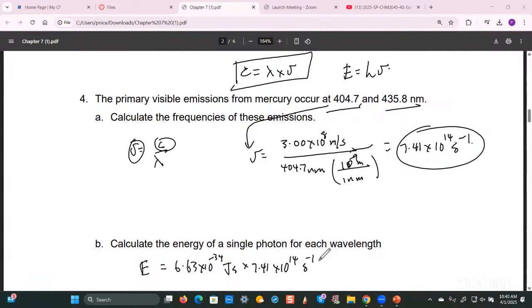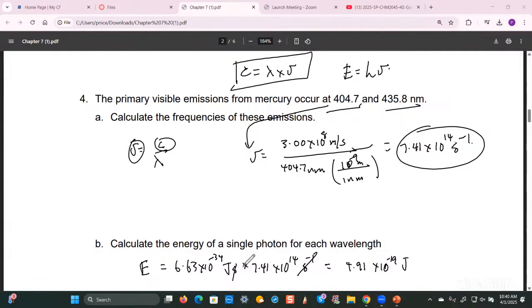Let's see what that gives. 6.63 times 10 to the minus 34 times 7.41 times 10 to the 14. According to my calculations, I got 4.91 times 10 to the minus 19 joules, because the seconds are going to cancel.